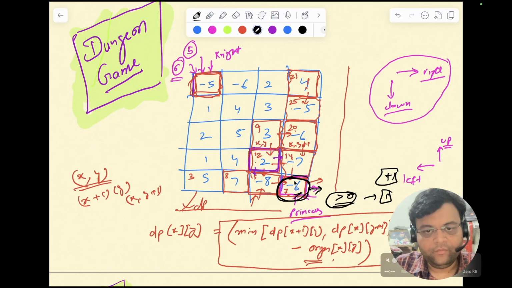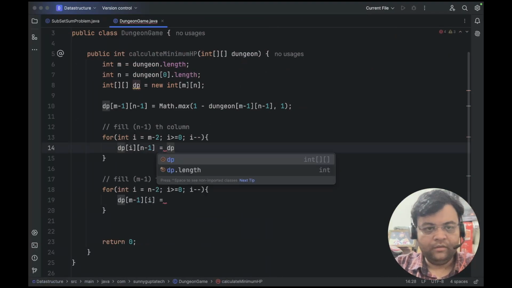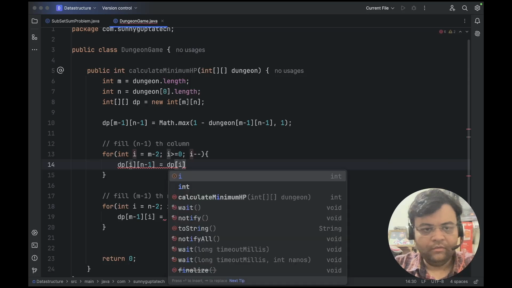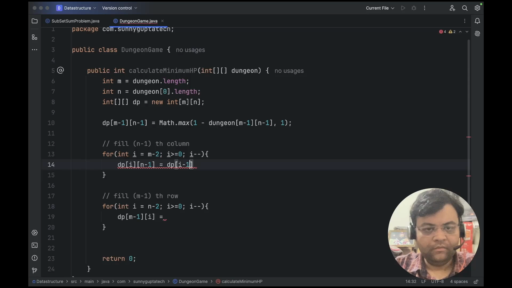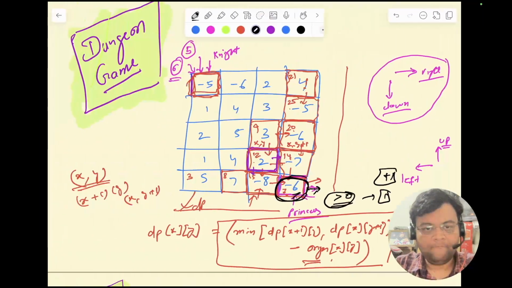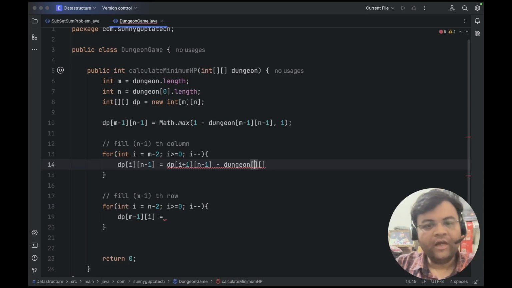For this we need the health here, and I'm subtracting the original value.